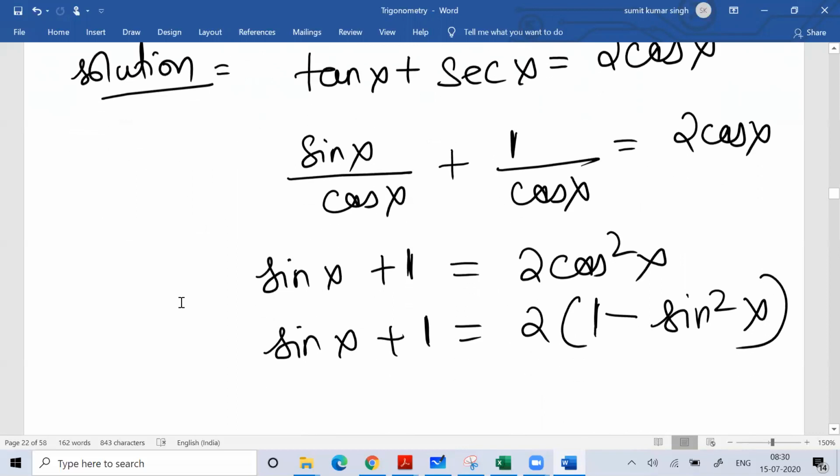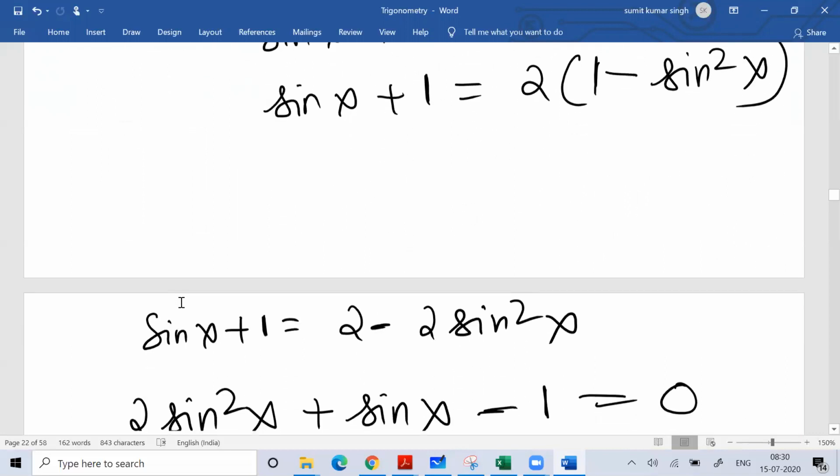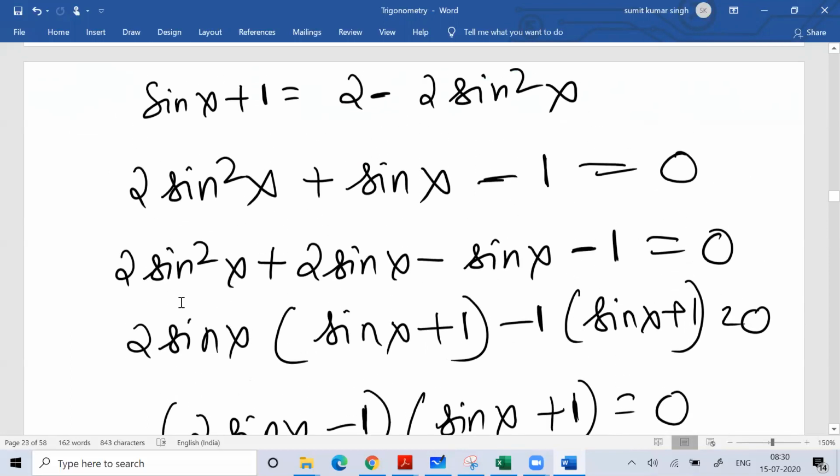So if you go further, you get this relationship that sin x plus 1 is equal to 2 cos square x. So I can say that in place of cos square x, I can write 1 minus sin square x. So ultimately I get a quadratic equation. So this is the quadratic equation I get.